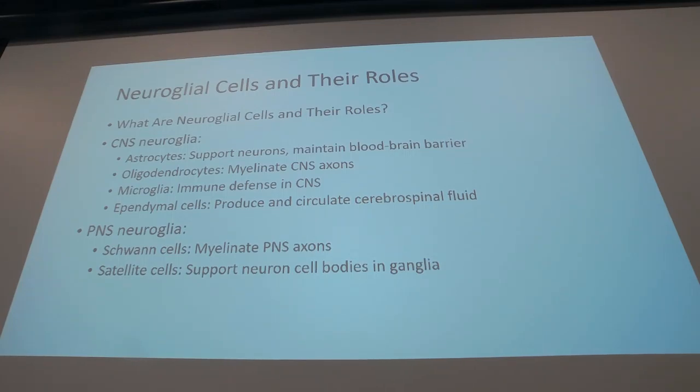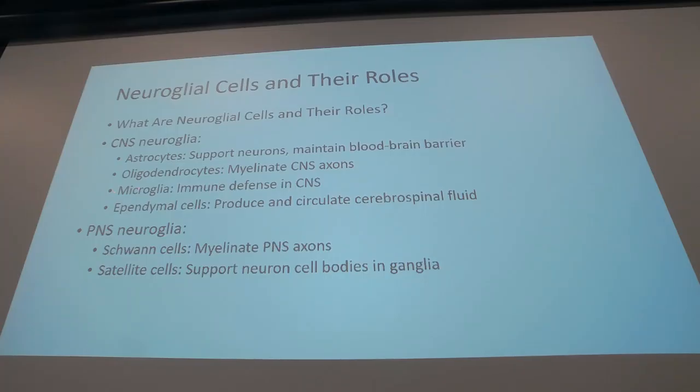Now we have macrophages. Macrophages are cells that can eat debris, bacteria, or dead cells. The macrophages of our CNS are called microglia. So they are part of the immune system of the CNS.